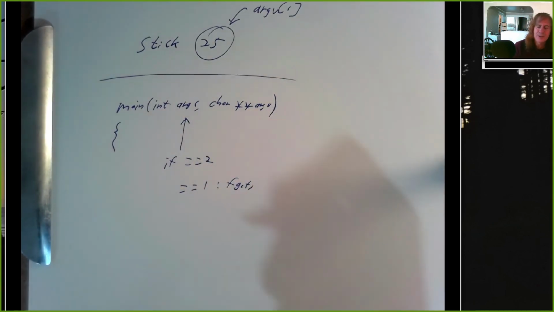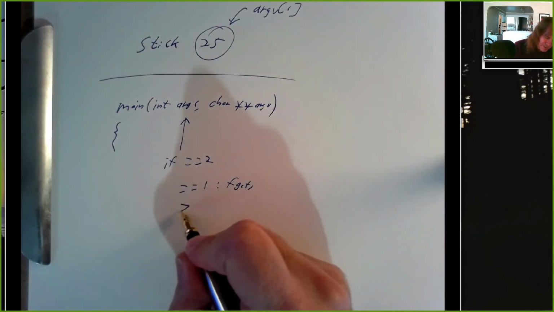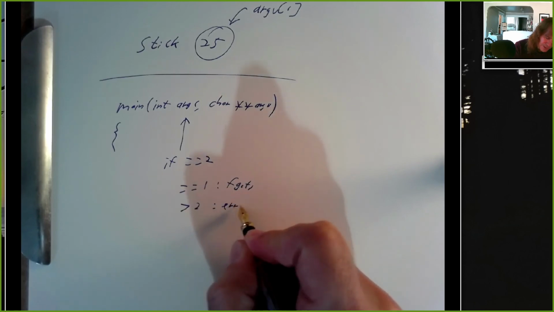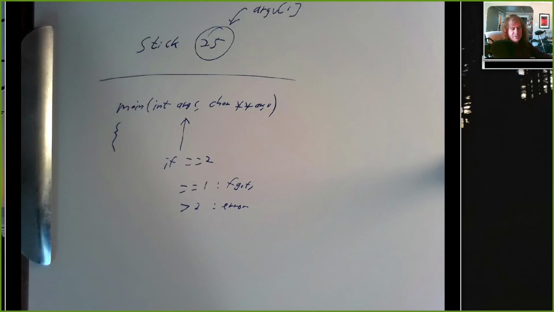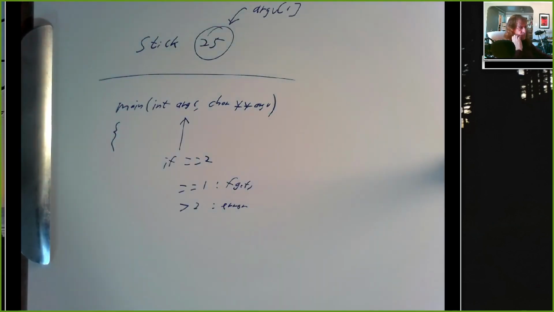You run that string through scanf, and you go on with the game. And if this is bigger than 2, that's an error condition. Tell the person that's not valid and just give up. And this can never be 0, so that's not a case you have to check for.